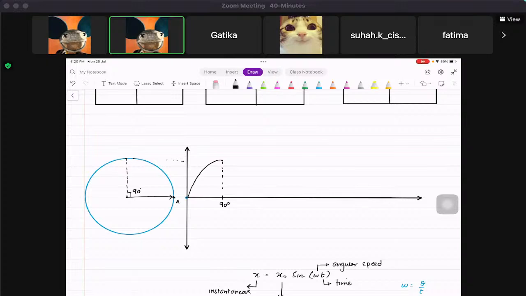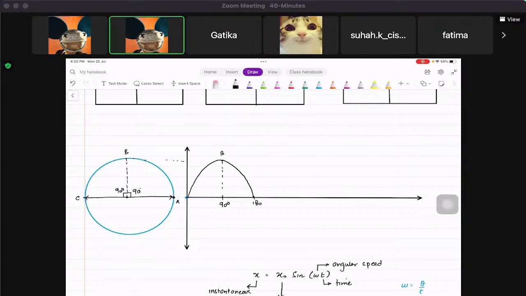Now from point B, if I go to point C, which is right here, now I have covered another 90 degrees, which makes a total of 180. So when I say 180, it means, as you can see, it has come here, which basically makes it go like this. Oopsie. Told you, I'm bad at this. Okay. Right.